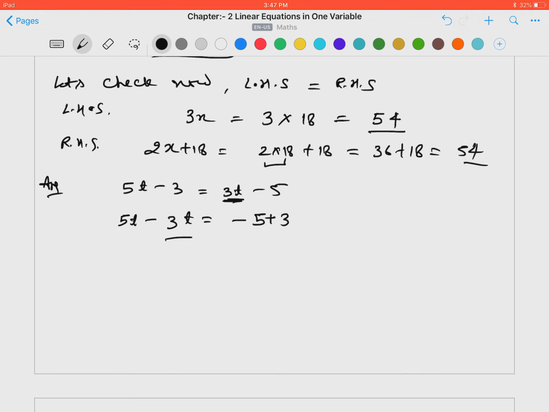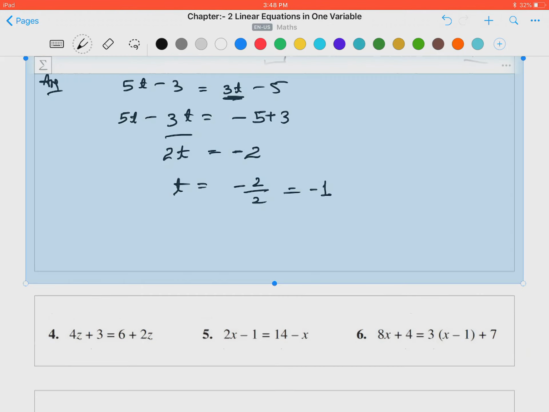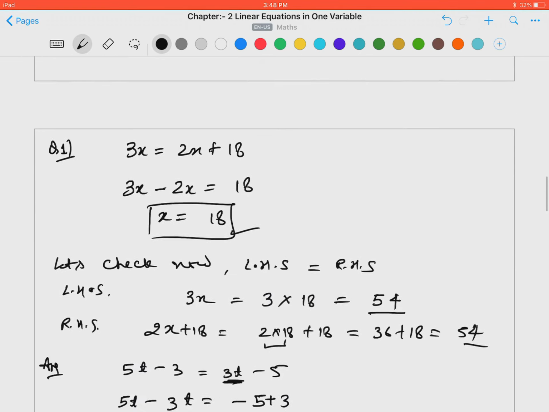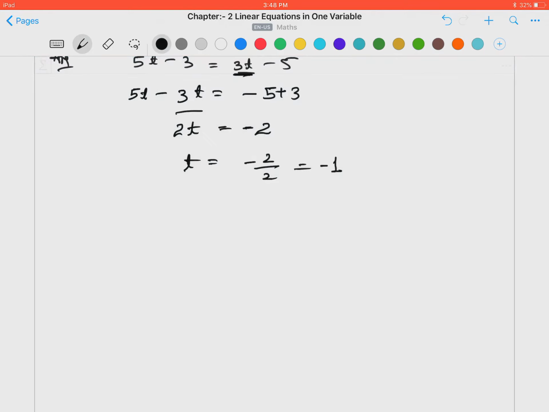Okay, this 5t minus 3t, that is 5 minus 3, is 2t equals to this minus 5 plus 3. Minus 5 plus 3 will be minus 2, so t will be equal to minus 2 divided by 2, and minus 2 by 2 is equal to minus 1.